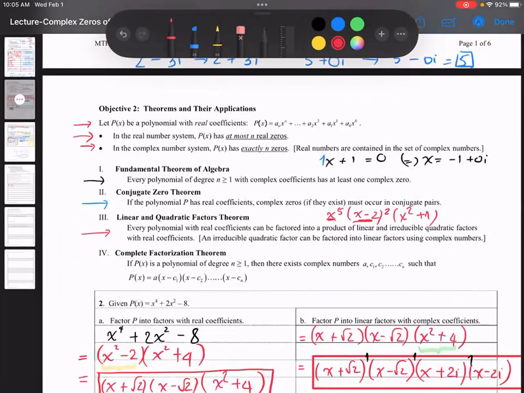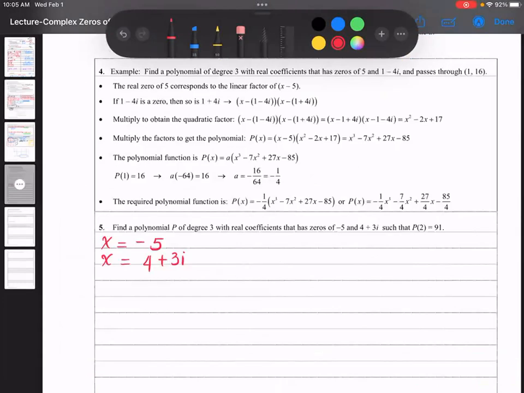So what does that mean? If you're given 4 plus 3i, you're supposed to come up with the conjugate, 4 minus 3i. That's the last solution. So even though they don't give it to you, you come up with it on your own. The bottom line: whenever you see a complex solution, you come up with another one, okay?